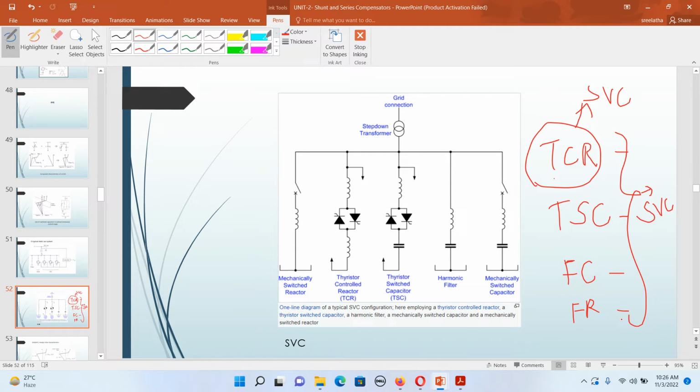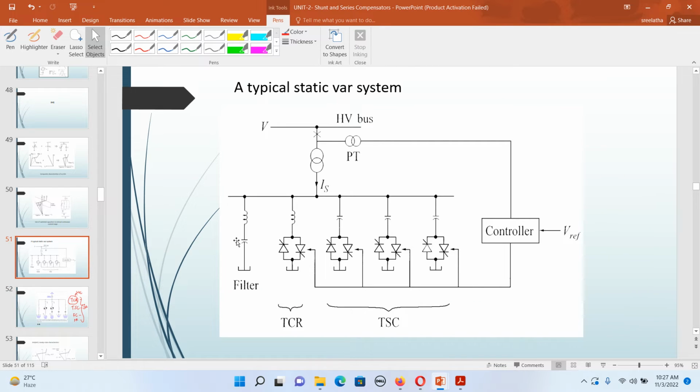Why? Because there may be situations where we need inductive power compensation, like for inductive loads, and also we need capacitive compensation. So in that way we can use both of them. That is the reason you see this. This is a typical static var system. Why? Because different items are there, that is why it is called a system.